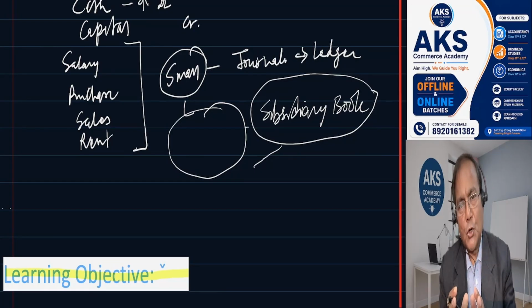Now, subsidiary books are specialized books wherein the special nature of transaction of that particular book is entered, and any transaction that cannot be entered in such a book will be entered in the journal.